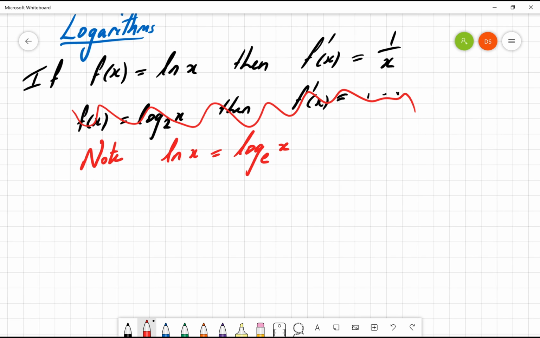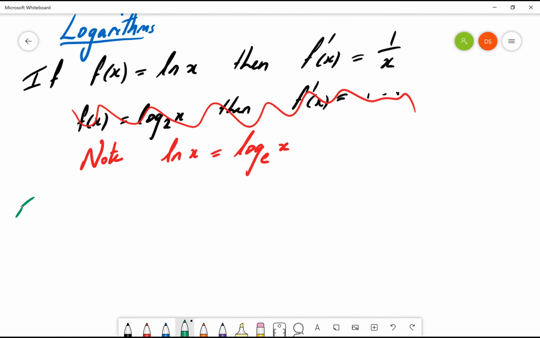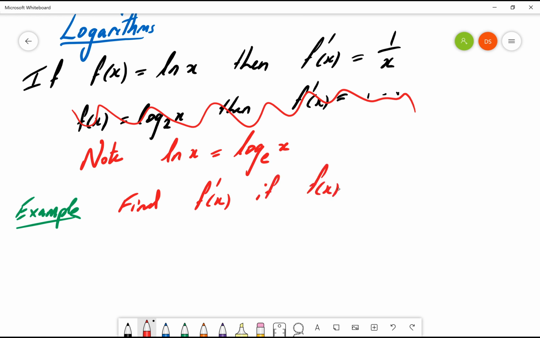Let's see some examples. What do you think? Find f dash of x if f of x equals ln of 2x.